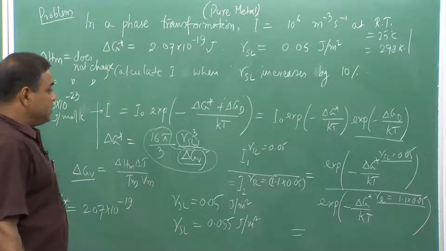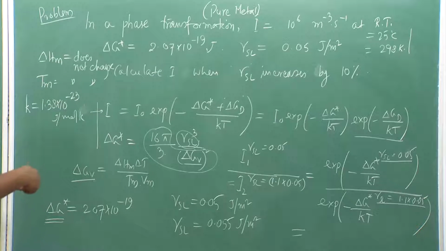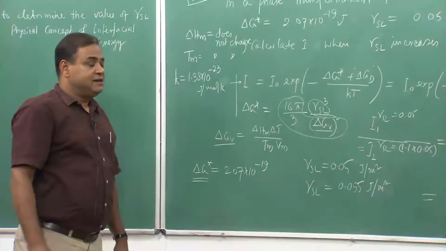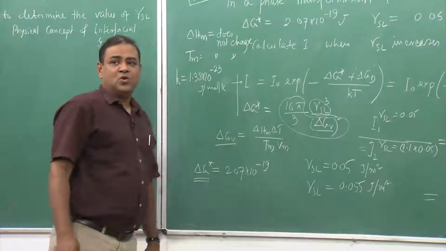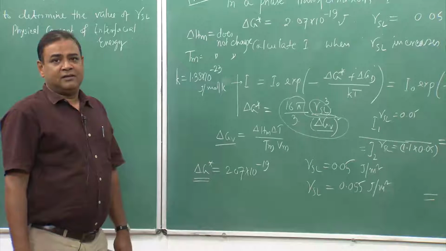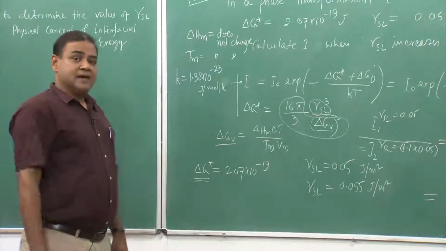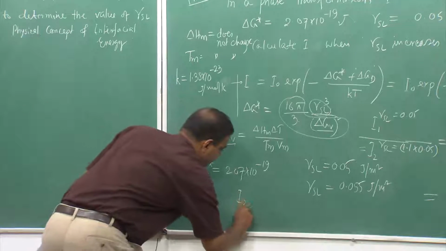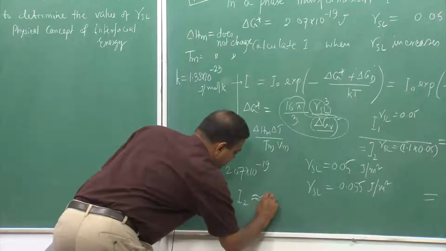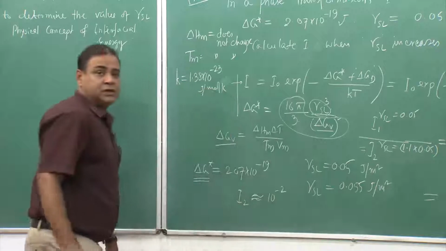If you do this calculation, you will see that this I 2 value would decrease hugely, and you would get I 2 to the order of 10 to the power minus 2.